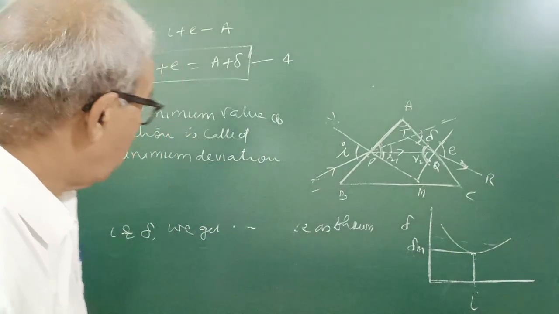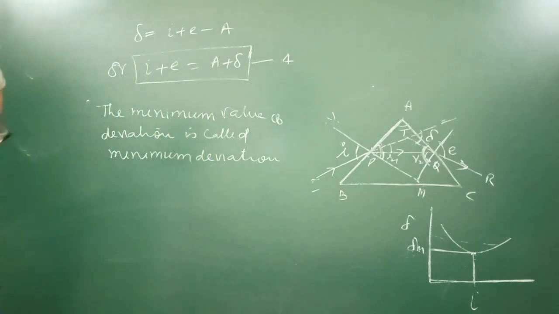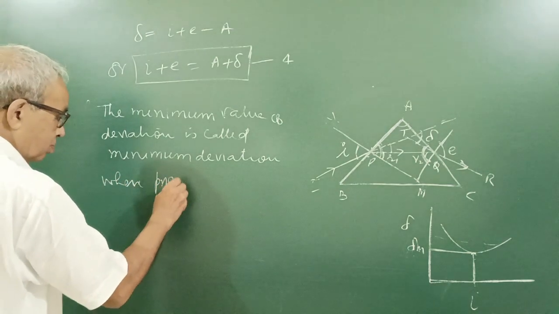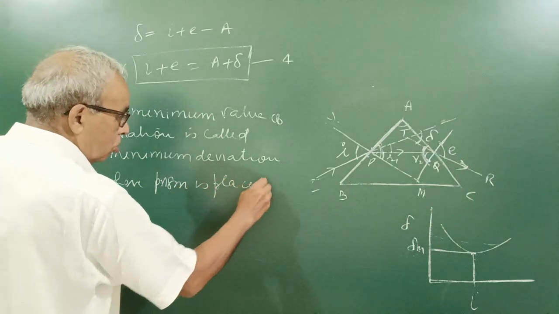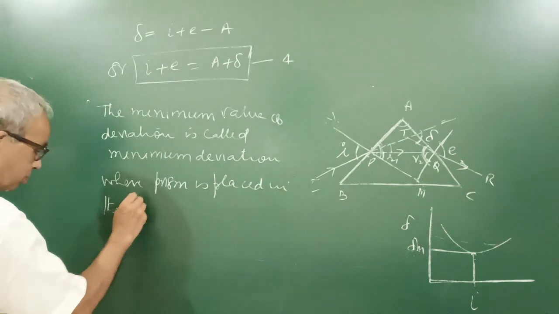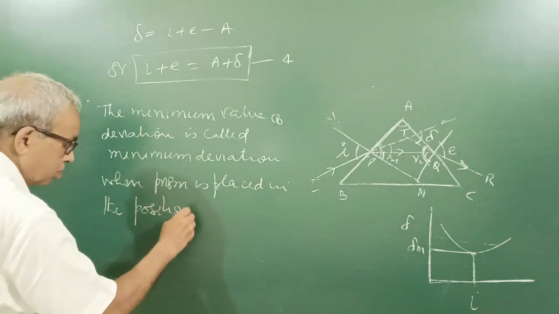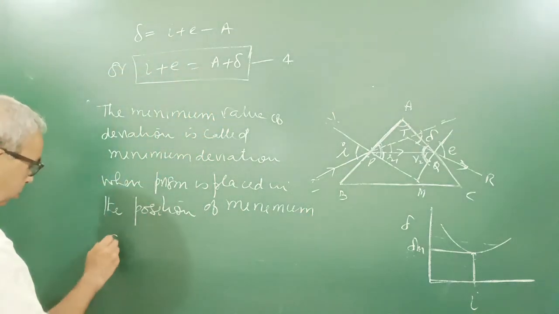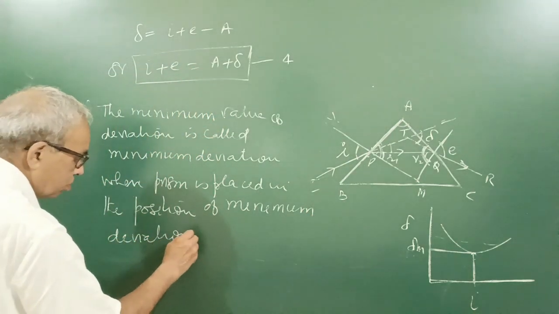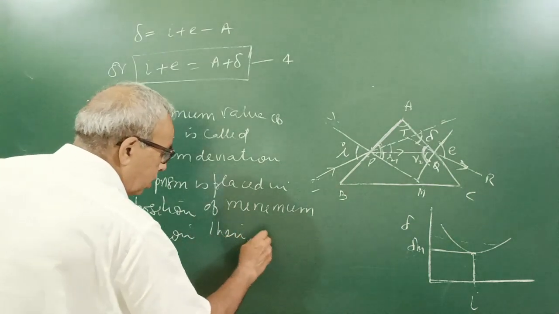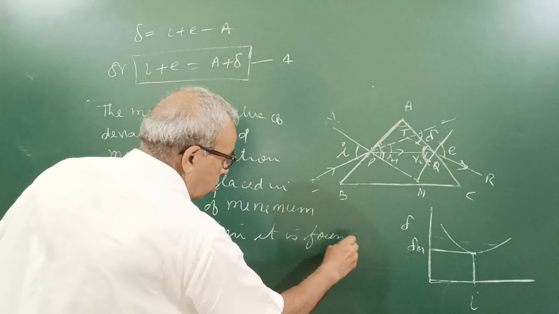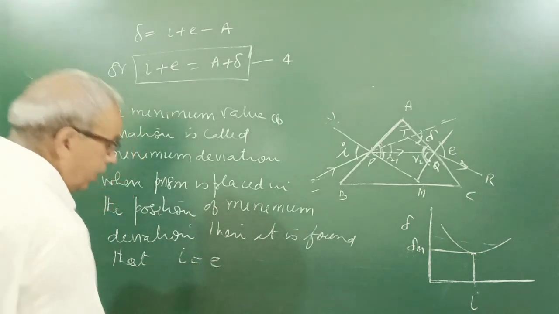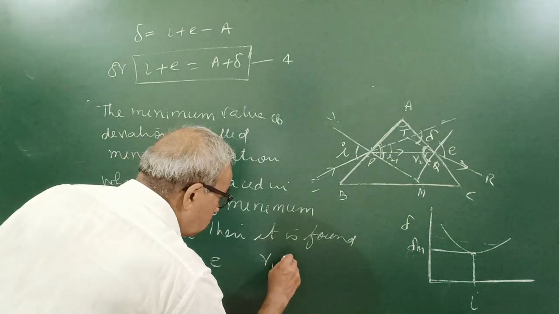When the prism is placed in the position of minimum deviation, then it is found that angle I is equal to angle E, R1 is equal to R2.